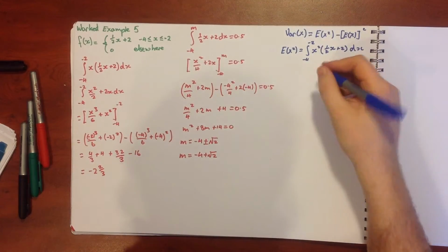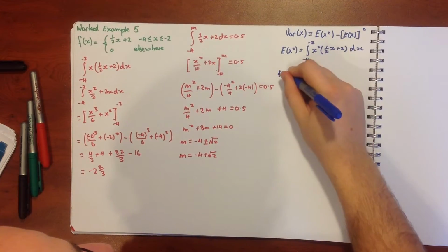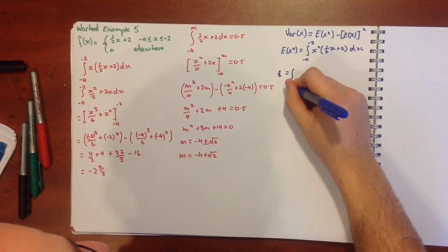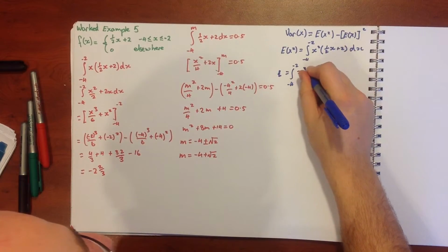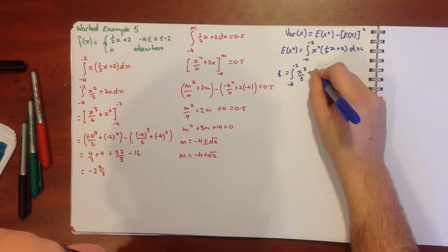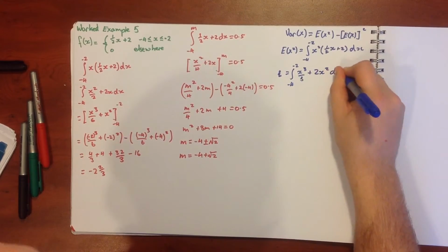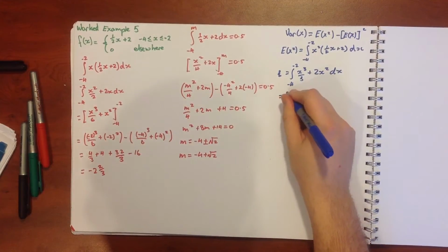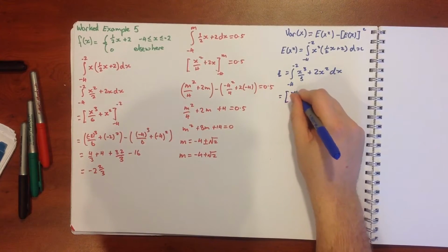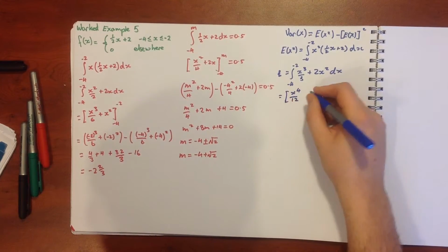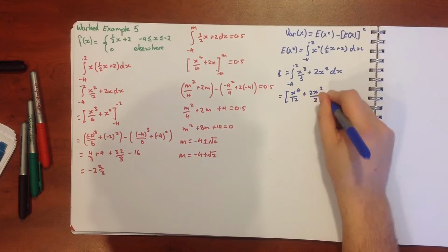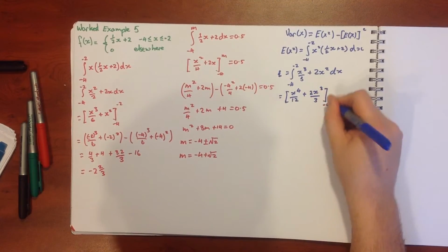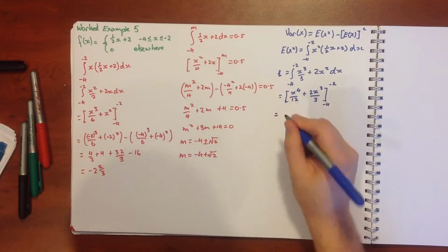That means we're going to be equal to the integral from negative 4 to negative 2 of x cubed on 2 plus 2x squared dx. So we integrate that and get x to the 4 on 8 plus 2x cubed on 3 from negative 4 to negative 2.